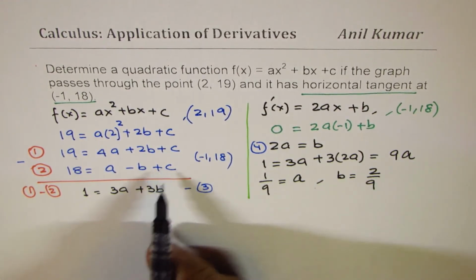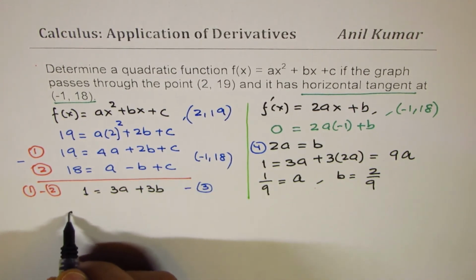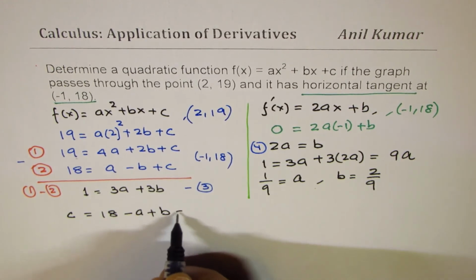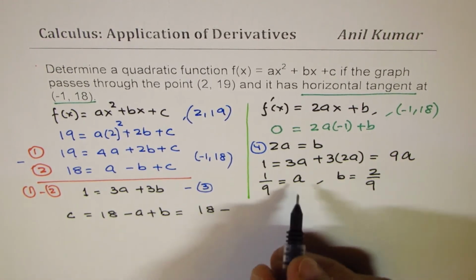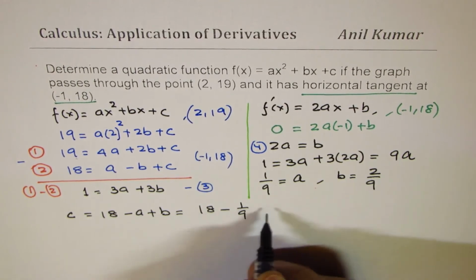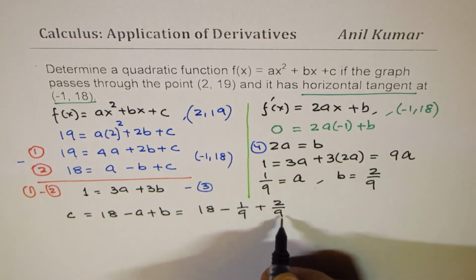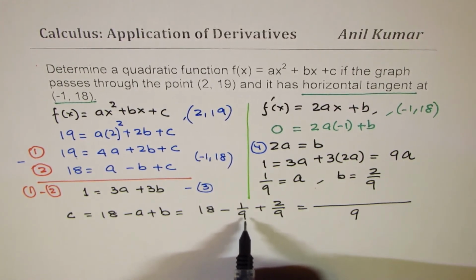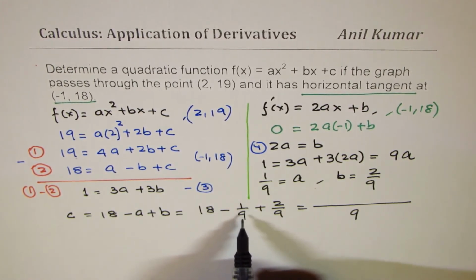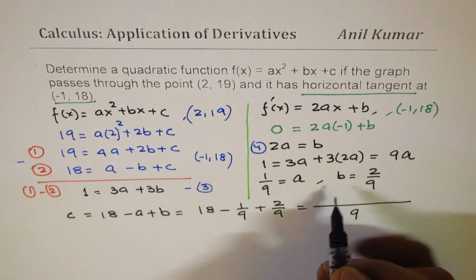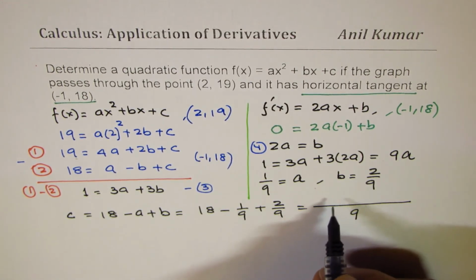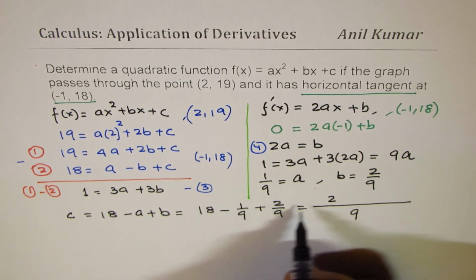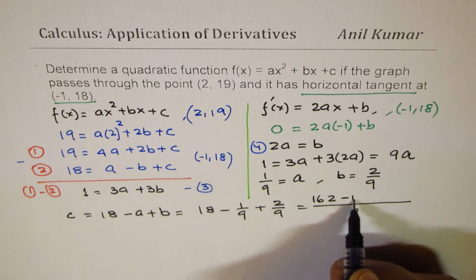Now we can find c from this equation. So c equals 18 minus a plus b, which is 18 minus 1 over 9 plus 2 over 9. Now we can take 9 as a common denominator and then work it out. So 9 times 18 is 162, minus 1 plus 2.